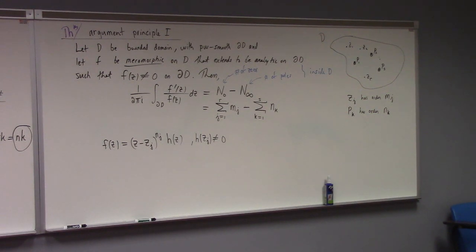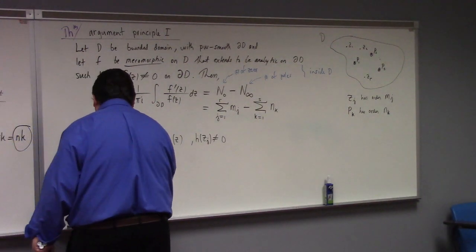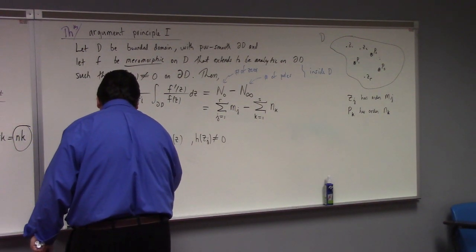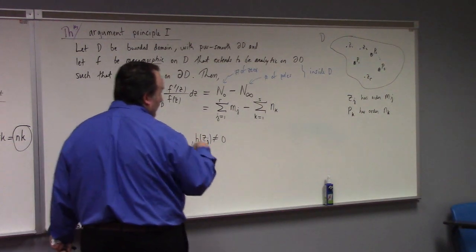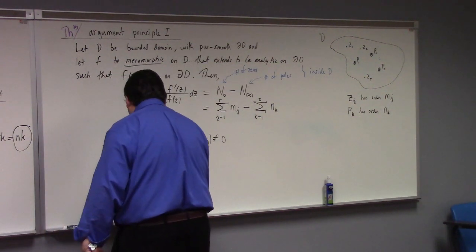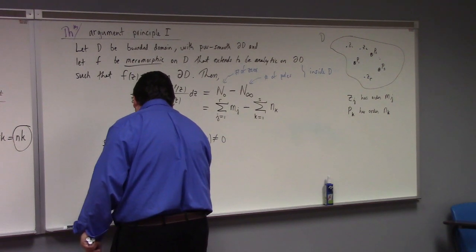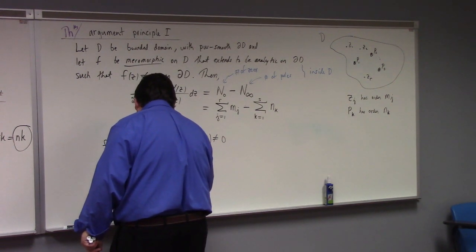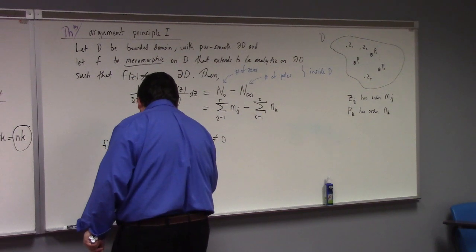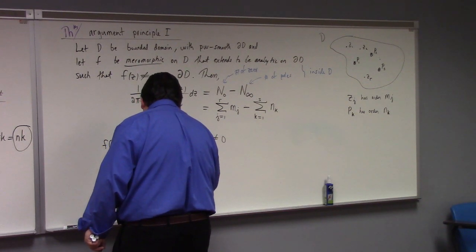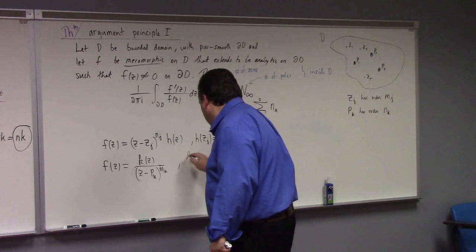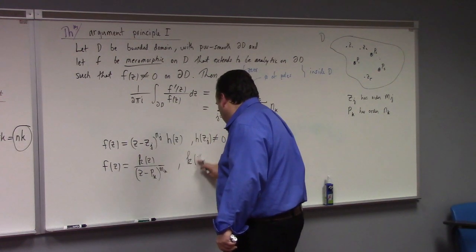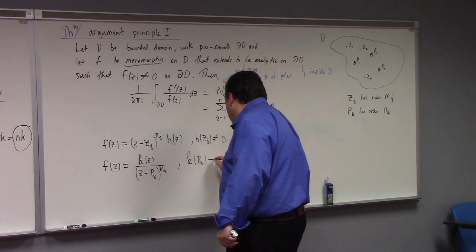We can factor out from the power series a z minus zj to the nj power if it's a 0 of order nj. And likewise, what does f of z look like if p sub k is a pole? You have something like k of z divided by z minus p sub k to the power m sub k, and again k of pk is not equal to 0.